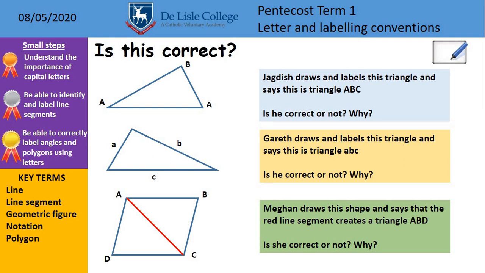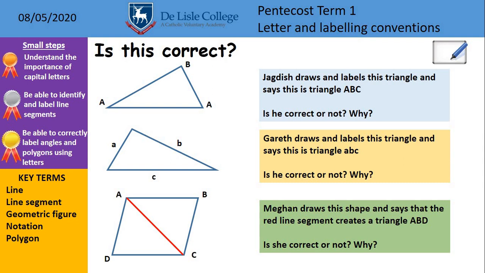Gareth has labelled his triangle and says this is triangle ABC. Gareth should have instead used capital letter notation, and the letters should appear on the vertices, the corners. Those lowercase letters would indicate the length of the sides. And Megan has drawn her shape and says the red line segment creates a triangle ABD.